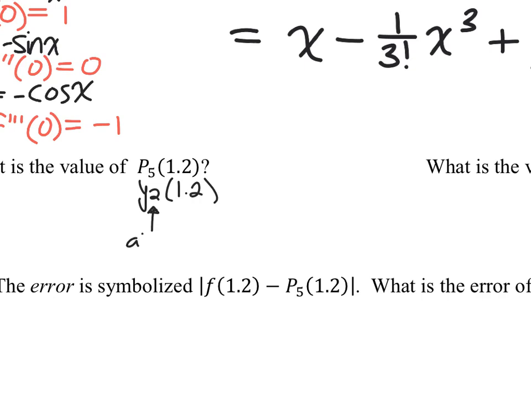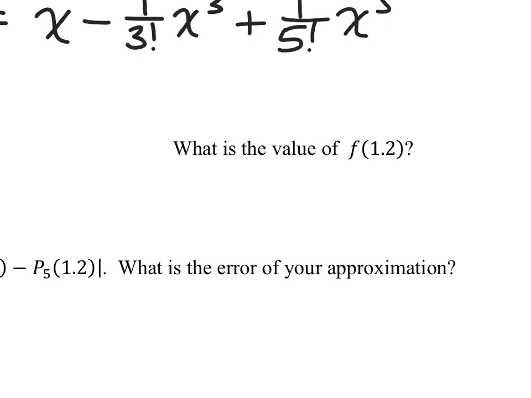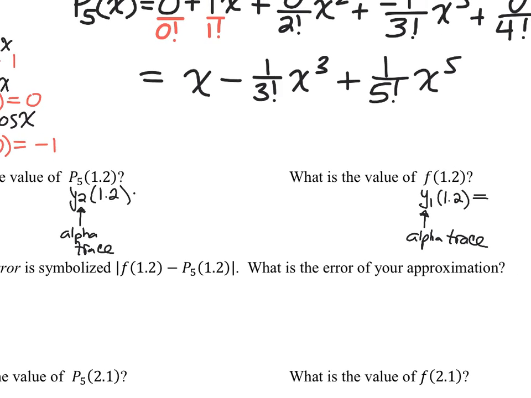So again, that's alpha trace. I put the original function in y1, also alpha trace to get your y1. Instead of actually typing the 1.2 into this, which I don't think would be fun, I'll just hit alpha trace y2 and then open parens, type in the 1.2 and call it a day.